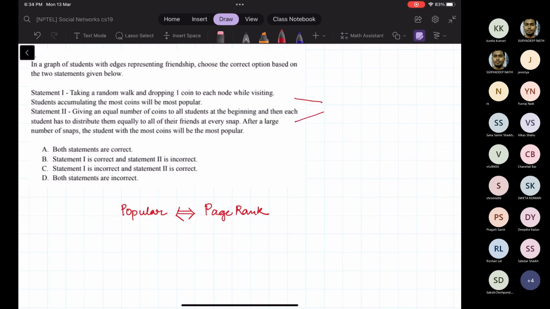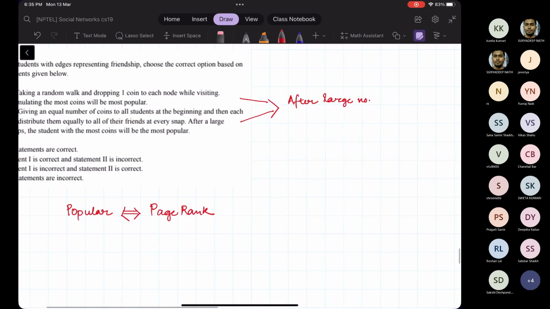Both these methods, after a large number of iterations, converge and give the same results.